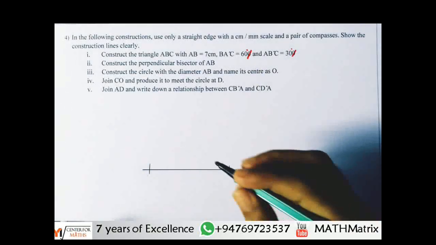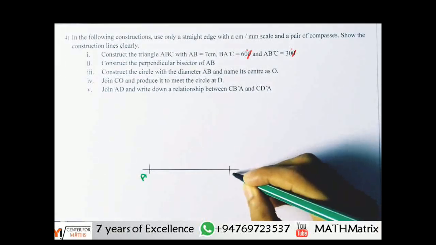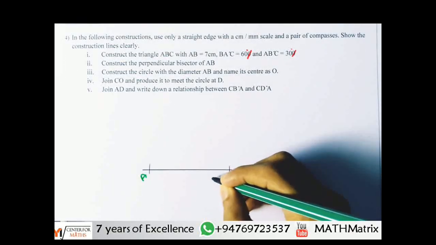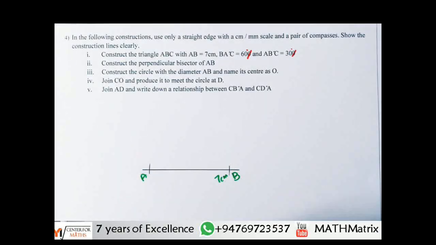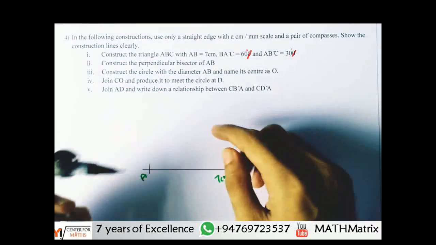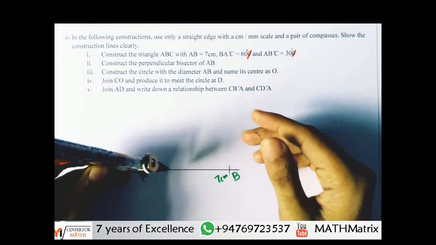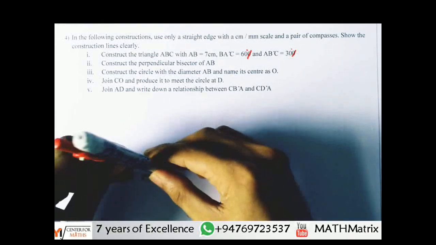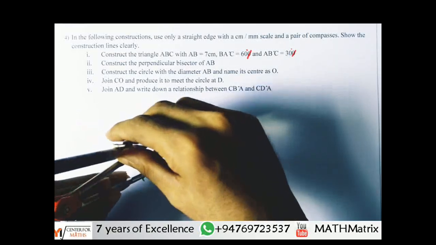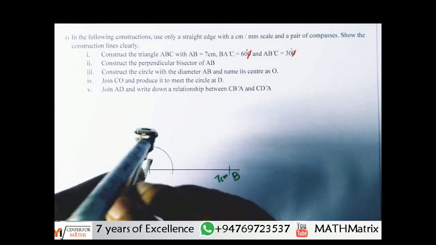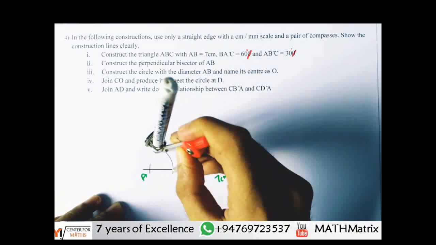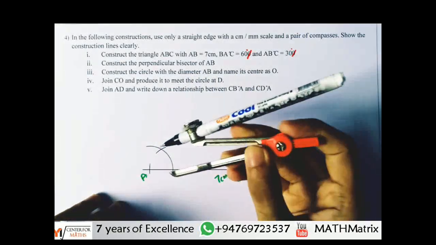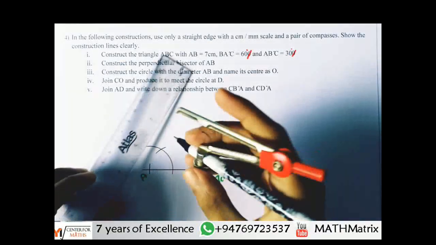So we'll mark them as A and B. And it's 7 centimeter. Right, and BAC is 60. So how to construct that? BAC is 60. First of all, we have to draw a small arc like this, and without changing the distance, if we intersect the same arc by placing the compass here, we will get that 60 degree.